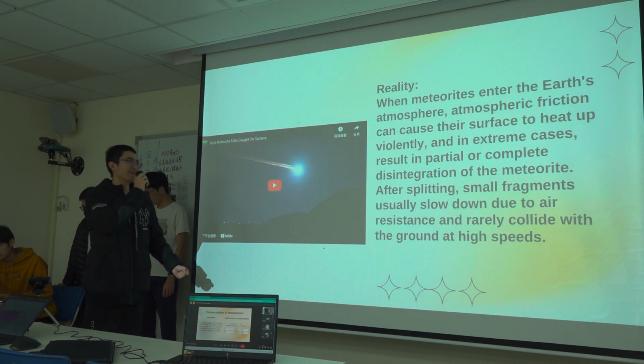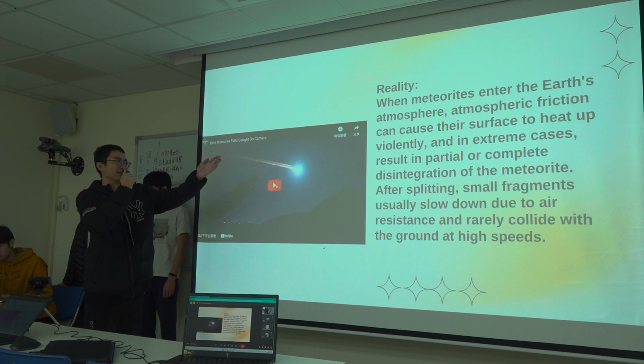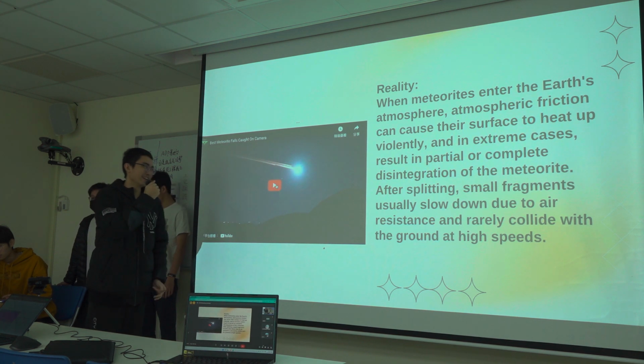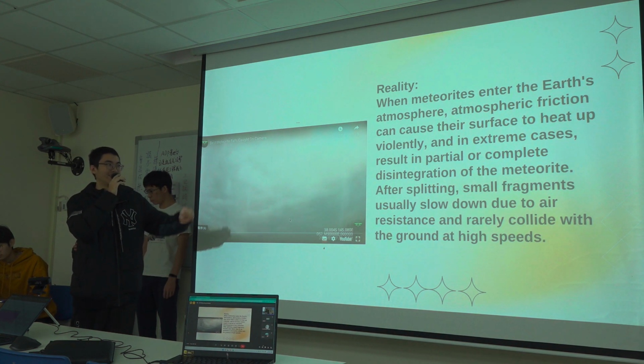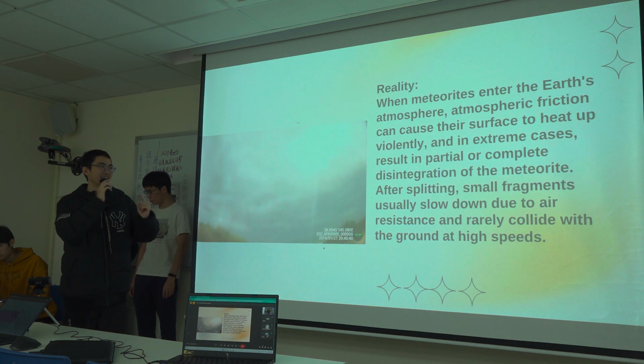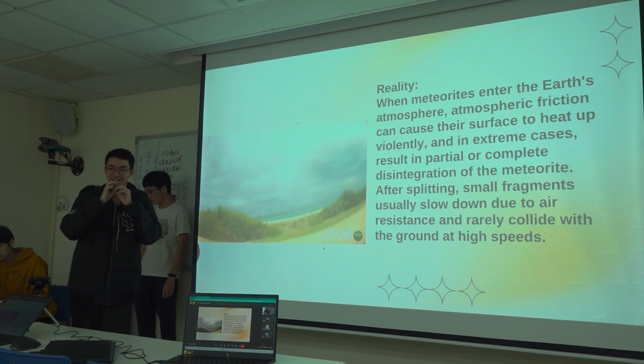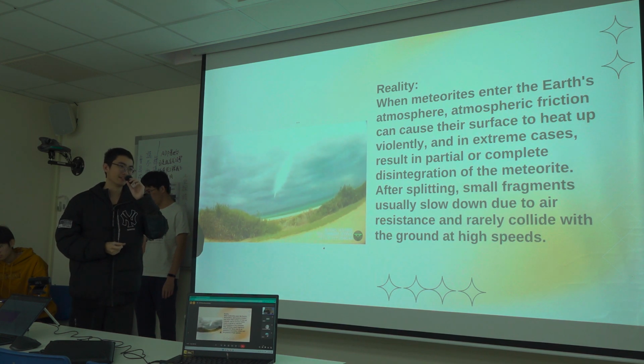Actually, when a meteorite enters the atmosphere, the friction can cause the surface to heat up.